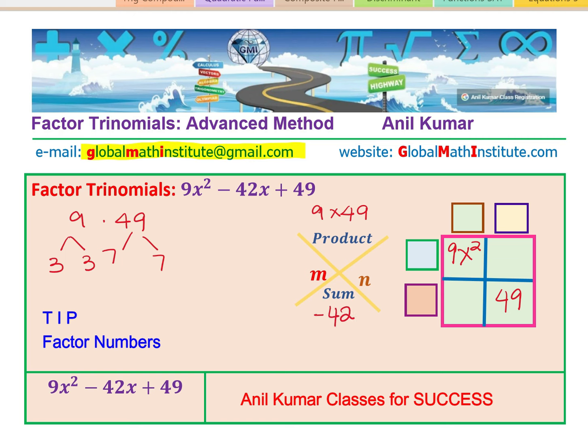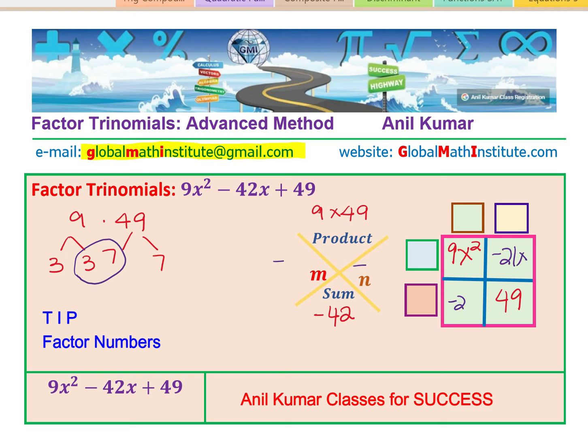Minus 42 means both negative, right? So m and n are both negative for us. Perfect. So the sum has to be 42. Well, that makes sense. 7 times 3 is 21. And then we are also left with 21. So we get minus 21x.